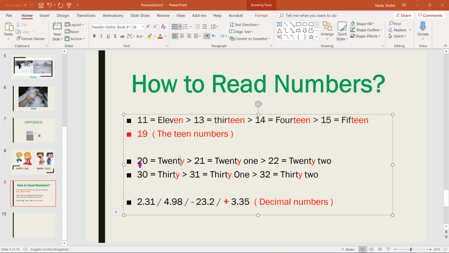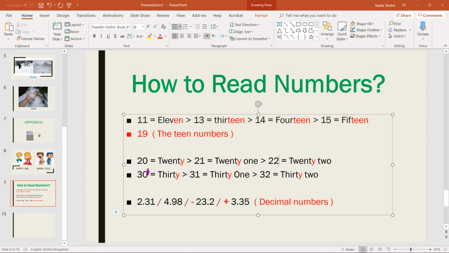With 20, to make things easier for you, remember, it is 20, you add 1 to it, so 21. Then you omit 1 to add 2, so it will be 22, 23, 24. We're still in the 20s, okay?